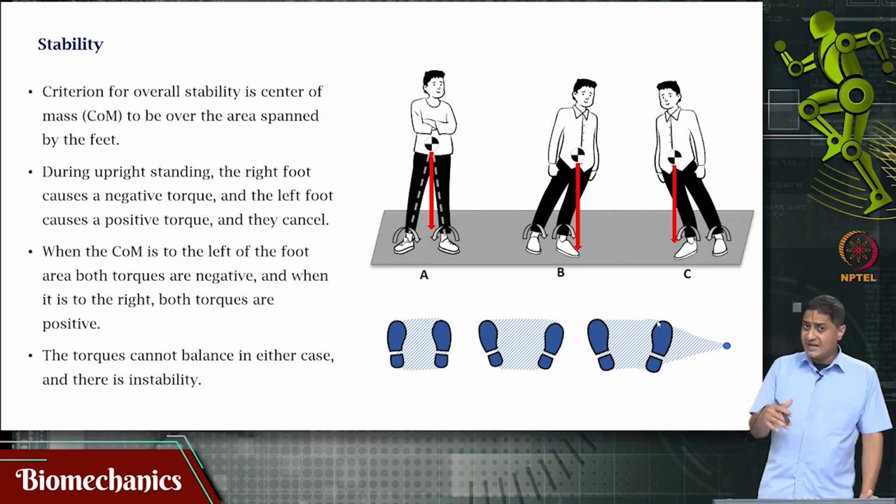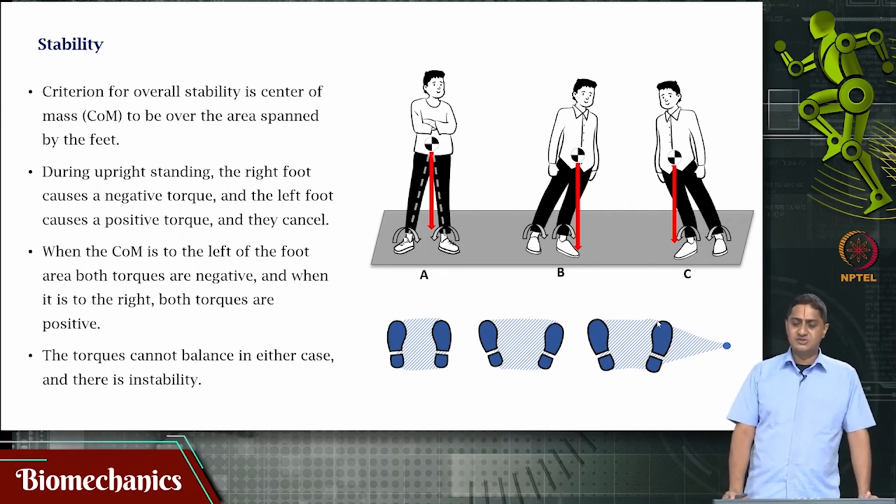So, there are many aspects of this stability that come into the picture. Remember, students of biomechanics, if you have someone older, be it your parent or a grandparent, something you need to emphasize is that they don't fall down.